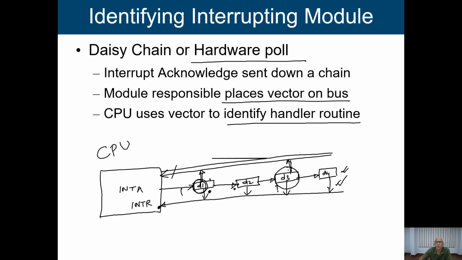On the other hand, when we are giving service to device 3, and an interrupt comes from device 1, since device 1 is a higher priority device than device 3, the processor will suspend the execution of this interrupt service routine. It will execute the device service routine of D1, and after completion it will come back to D3. So again, in a hardware poll also, we can assign priorities to the devices and handle them accordingly.